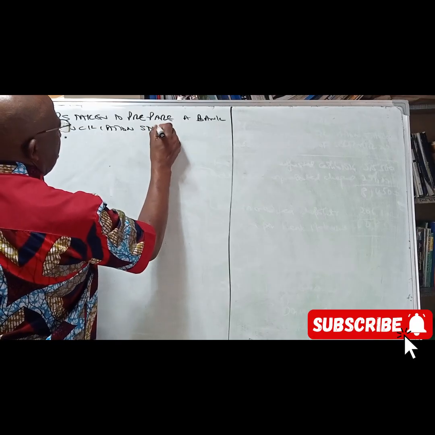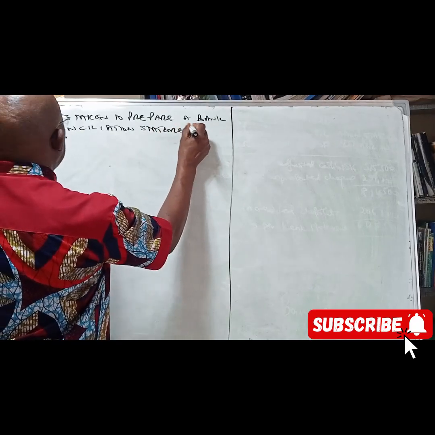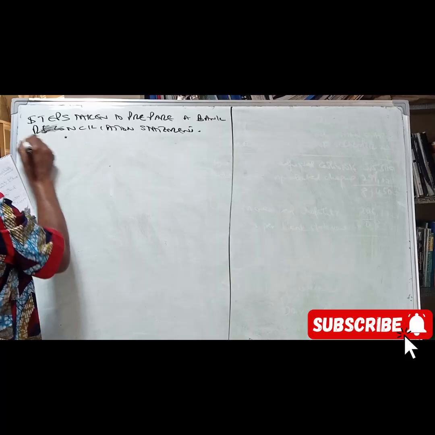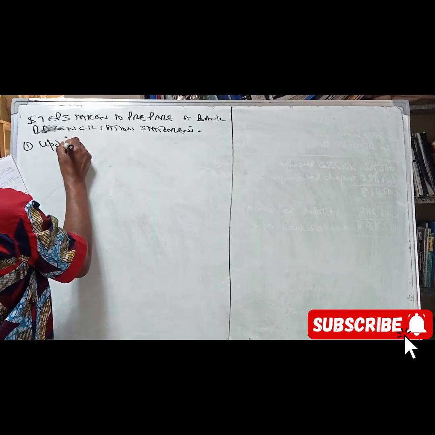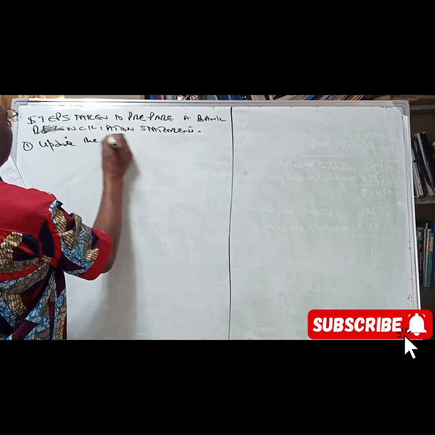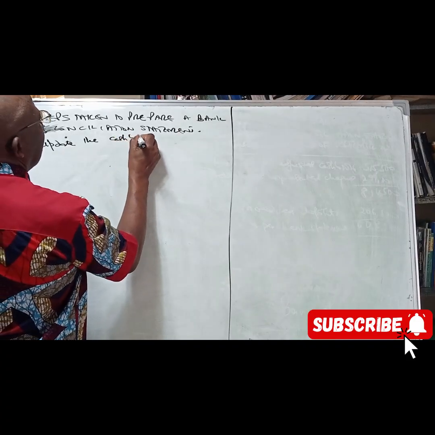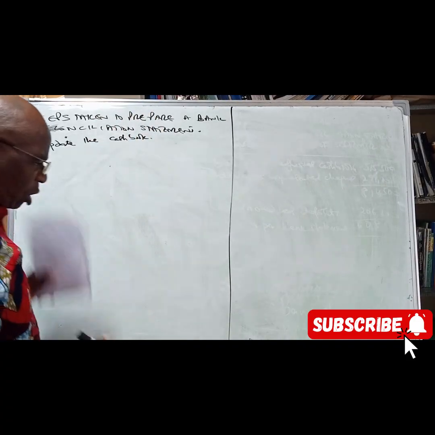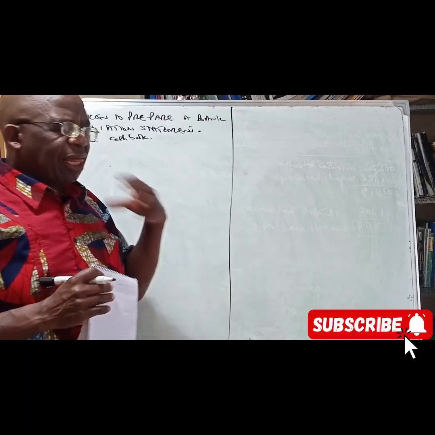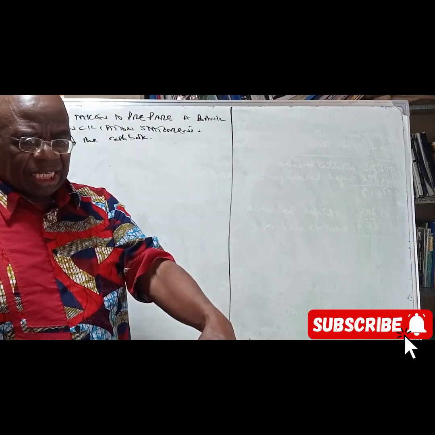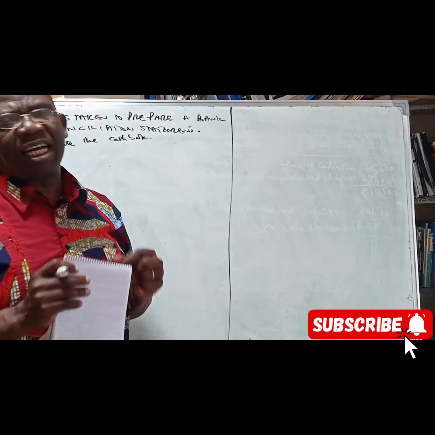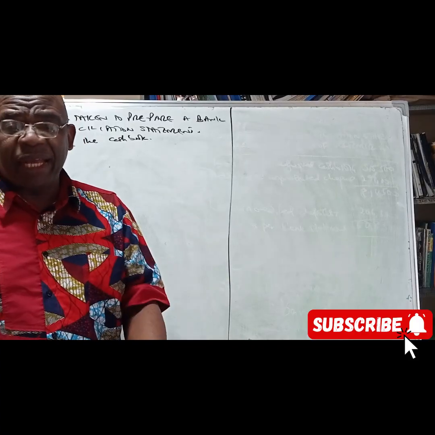The first step is to update the cash book. What are we saying? We are saying there are things that are in the bank statement that we have not captured in the cash book. They are correctly done, and we have explained them.